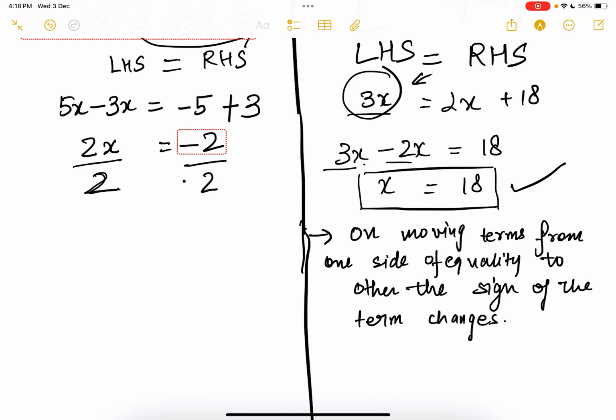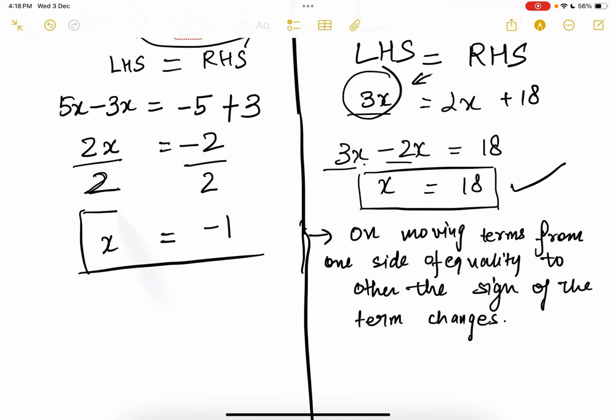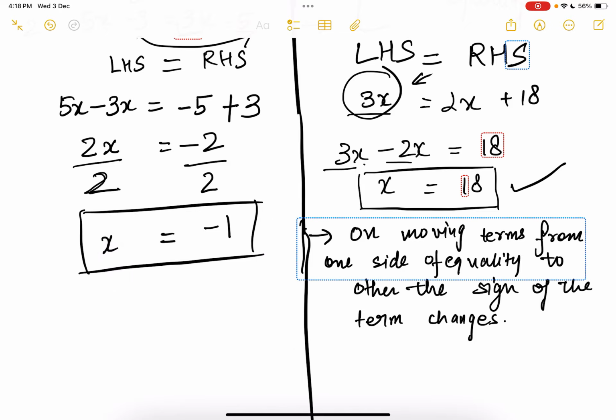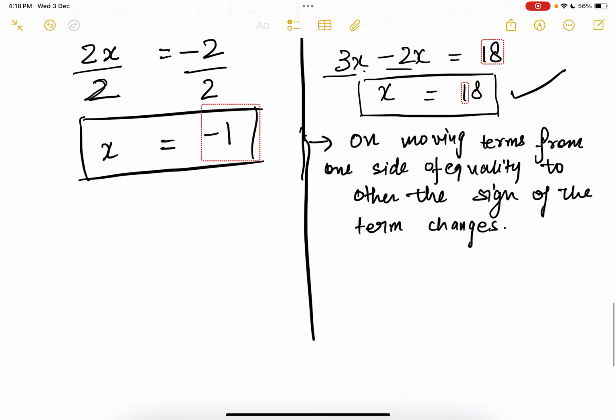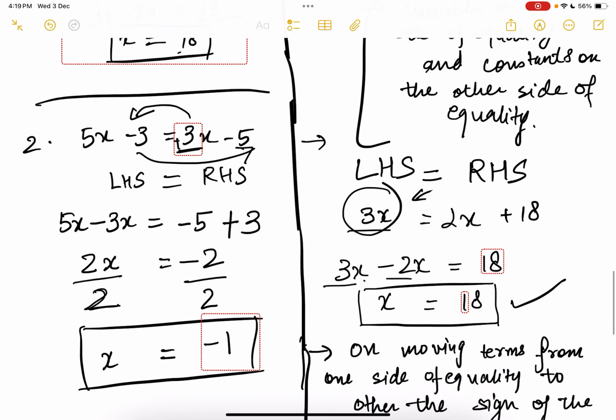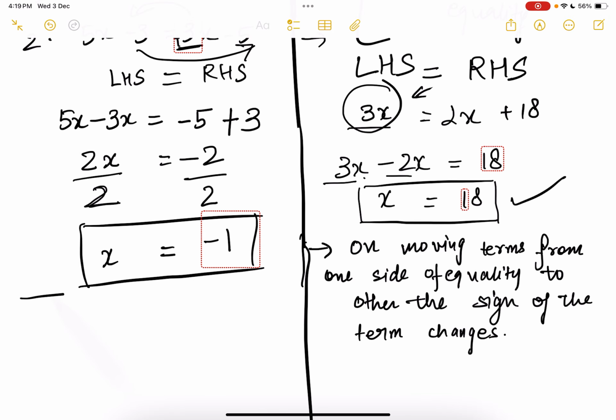Okay, so both the sides I am dividing it by 2. So what will happen? 2x divided by 2, what will you get? x. Okay, and minus 2 by 2 you will get minus 1. Is it clear? Anywhere if it is not clear, you can comment. I'll definitely respond to you. Okay, I'll definitely explain you there. Anything if it is not clear, you can tell me there.